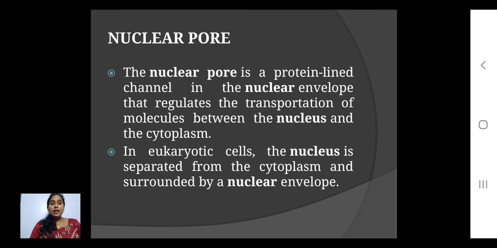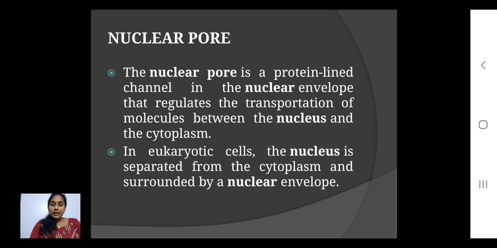When we talk about the nuclear pores, the nuclear pore is a protein-lined channel in the nuclear envelope that regulates the transportation of molecules between the nucleus and the cytoplasm. We already discussed where the protein or ribosome synthesis takes place, and once it is synthesized, it has to be transported between the nucleus and the cytoplasm.